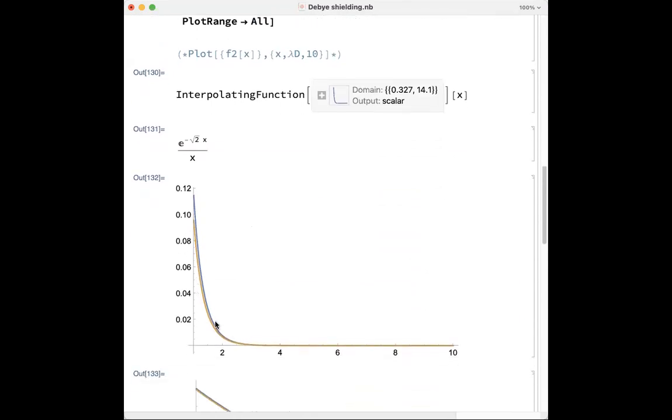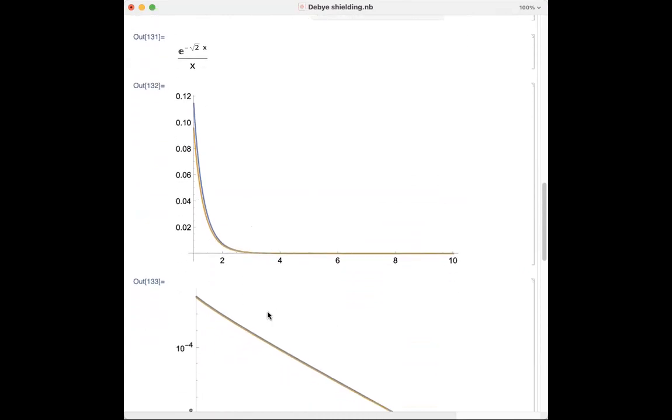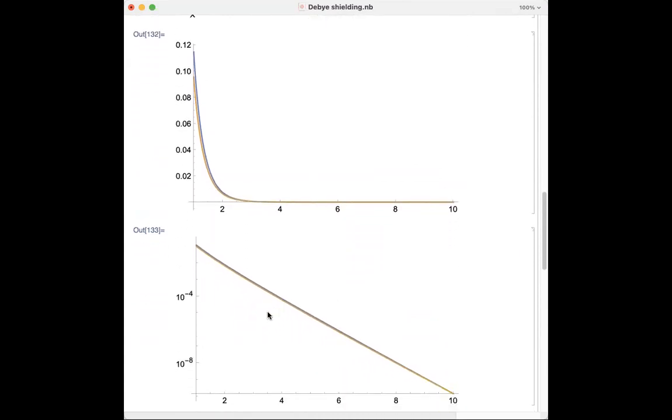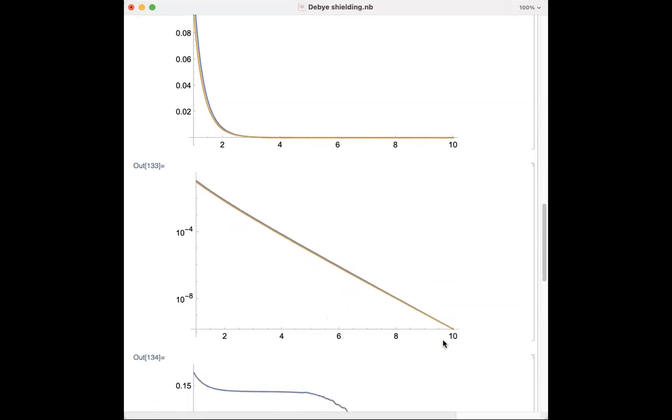Well, until I get too close to 0, they look pretty similar. Here they look essentially the same. But let's make sure that that's really so. Let's plot them in a different way with a log scale, or a semi-log scale. And you see that really they're pretty similar.